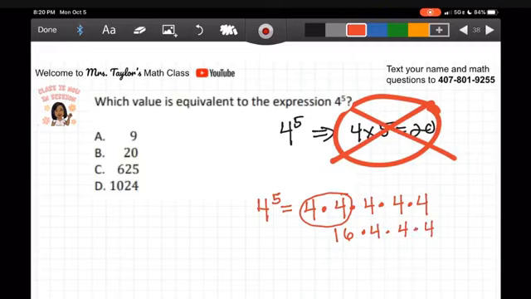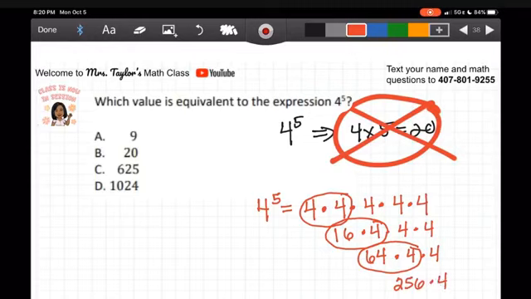And then I'm going to do 16 times 4, which is 64. And then I'm going to write everything over again. And now I'm going to do 64 times 4, which is 256. And now lastly, I'm going to do 256 times 4 and get 1024. So it's going to be answer choice D.